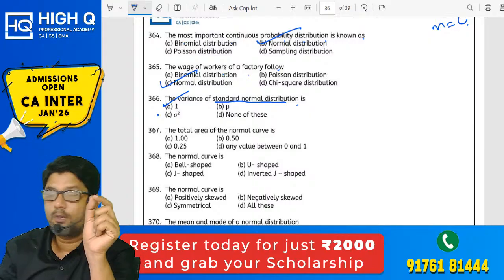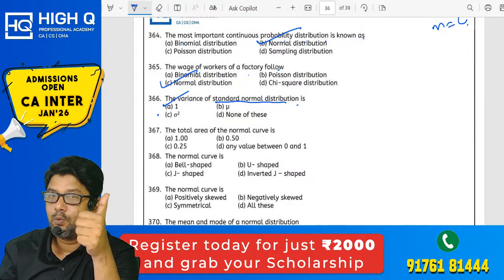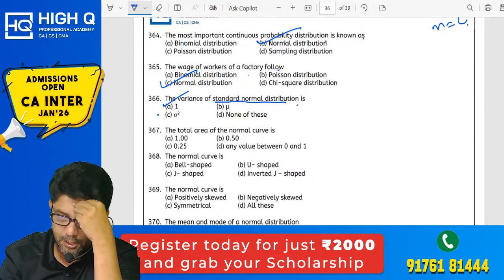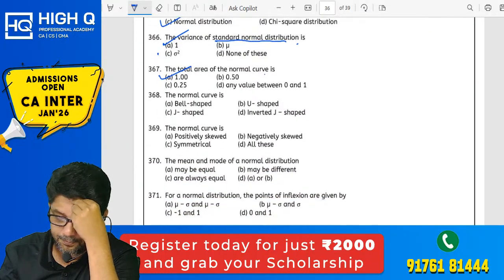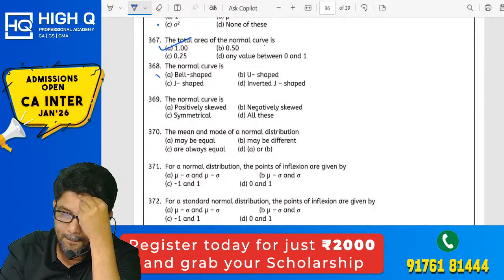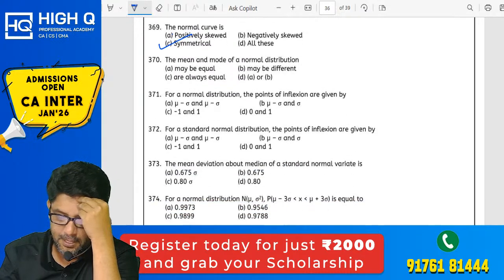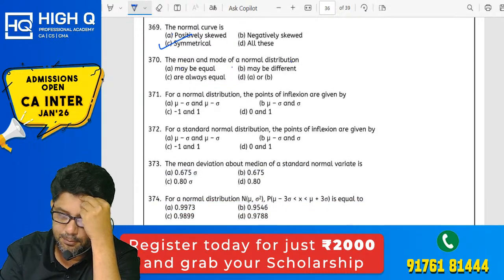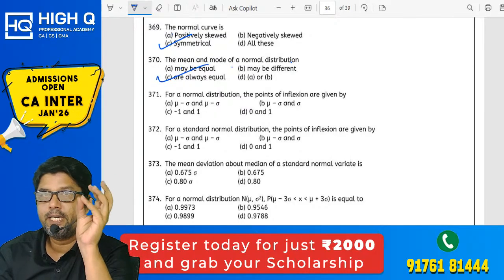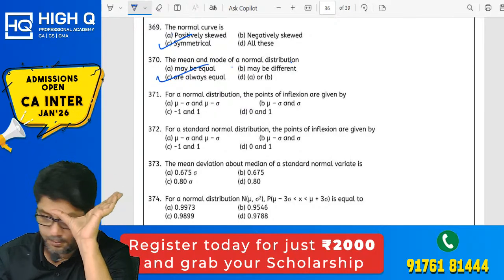In standard normal distribution, sigma is equal to 1, mu is equal to 0. The total area of the normal curve is always what? 1. The normal curve is bell-shaped. The normal curve is symmetrical. The mean and mode of a normal distribution are always equal. In normal distribution, mean equal to median equal to mode.